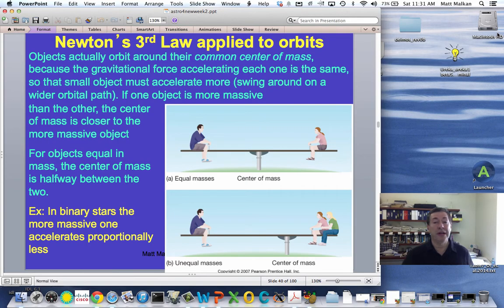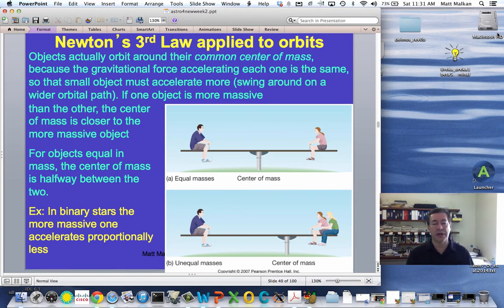Picking up just where I left off in mid-slide, we saw that Newton's third law means that planets actually don't orbit exactly about the sun, but they orbit about the center of mass of the system, because the sun is exerting a force of gravity on the planets, and the planets are also exerting an equal and opposite force on the sun.